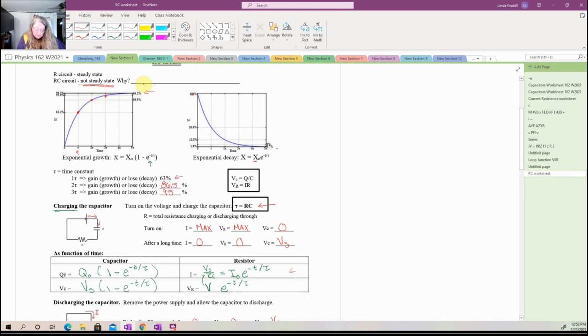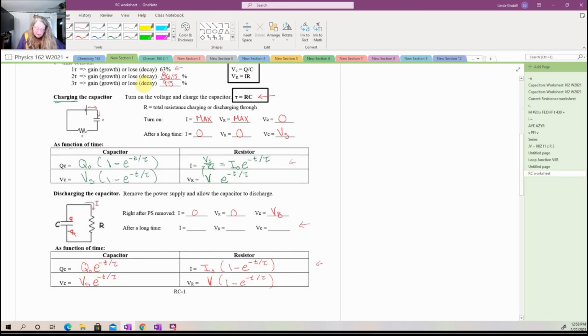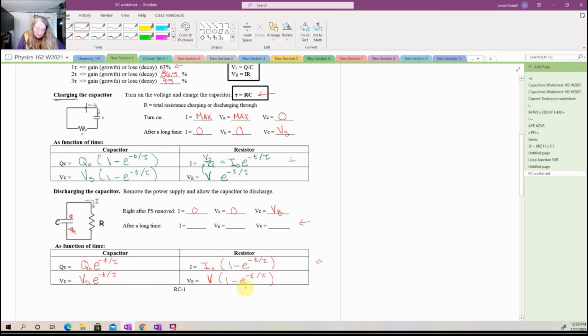So in terms of time, at t equals 5 tau, I'm almost at like 95% of the voltage across the resistor. And so my V on the capacitor now is 0, and we say that this is now V battery.